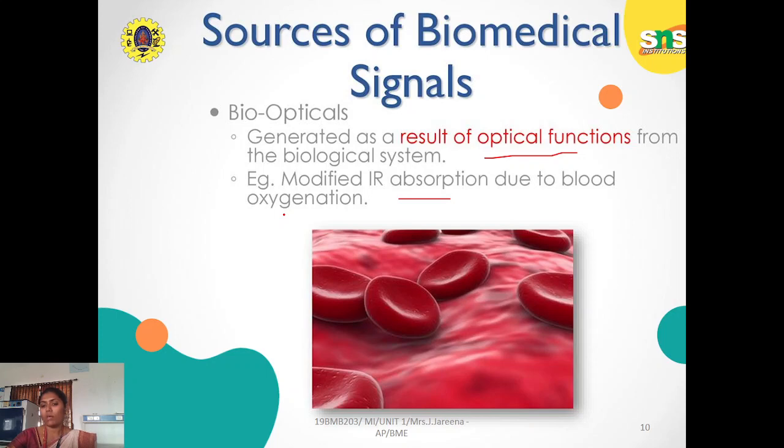The RBC cells have high optical characteristics, meaning they absorb infrared radiation well compared to the others. By having these characteristics, we can know the oxygen saturation, that is the SpO2 value. Since the blood has such properties, we can measure biooptical signals from it and come to know the SpO2. This is one example of biooptics.